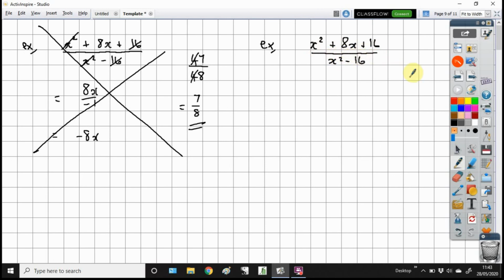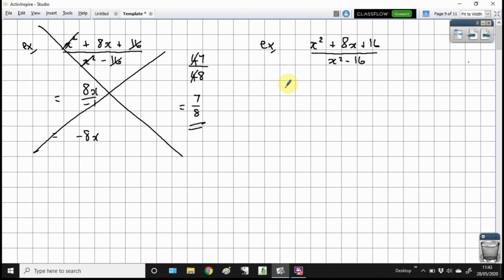And perhaps before we do this, it would be worthwhile just considering how you cancel what you might think of as a normal fraction, a numerical fraction. Let's have a look at something as easy as perhaps 4/8. Now you know as well as me that that makes a half. But why? Have you ever really thought about why it makes a half?